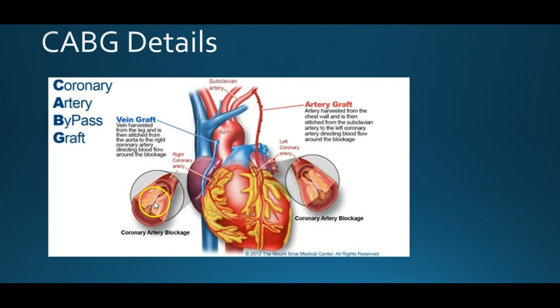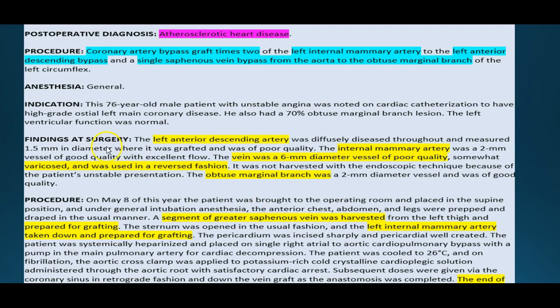So that's why it's giving us the measurements. And so it's telling us that this area is where it was grafted, or where the surgery took place to correct that issue.